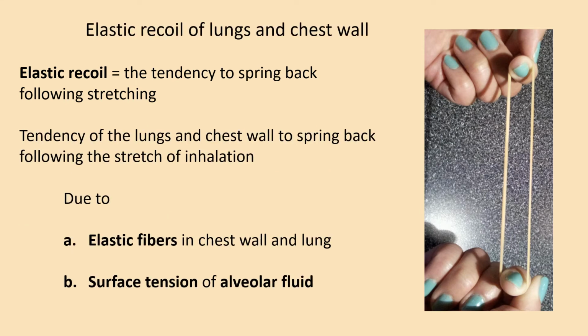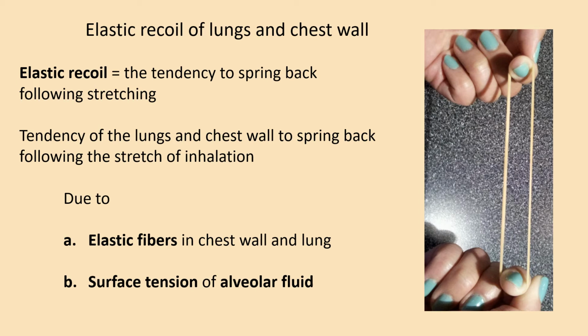So in your chest wall, as well as in your lungs, you have these protein fibers known as elastic fibers, and they exhibit this physical property known as elasticity. So if you go ahead and take a big inhalation, at your next exhalation, the elastic recoil of your lungs and the chest wall will contribute to changing the volume of the thoracic cavity as that chest wall snaps back.